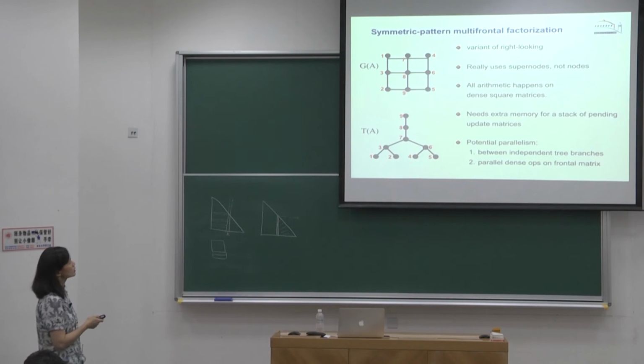So potentially this multifrontal code will need more memory than right-looking or left-looking code. But on the other hand, it's easier to manage parallelism, because all the independent subtrees you can do in parallel, say give to 2 processors. But the 2 processors need to cooperate at this level, okay.